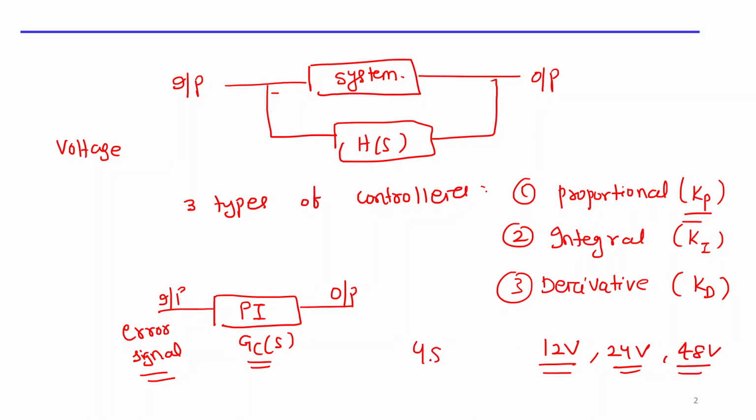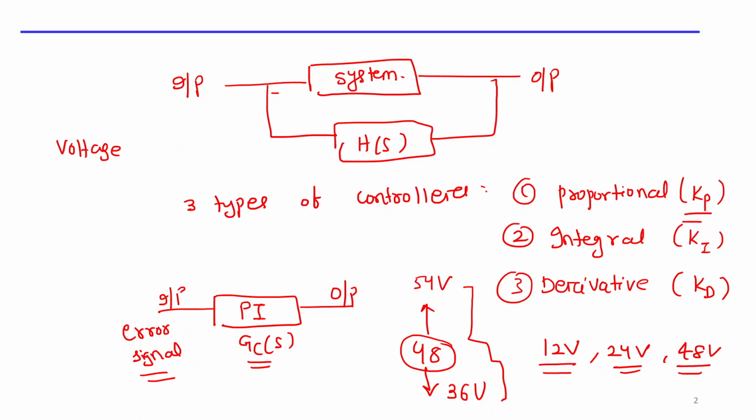Let's say for a 48 volt battery, the upper limit can go to 54 volt and the lower limit can go down to 36 volt. For this wide voltage range, when your battery is charging, you always want the nominal voltage maintained at 48 volt. But your battery voltage is swinging from 36 to 54 volt.